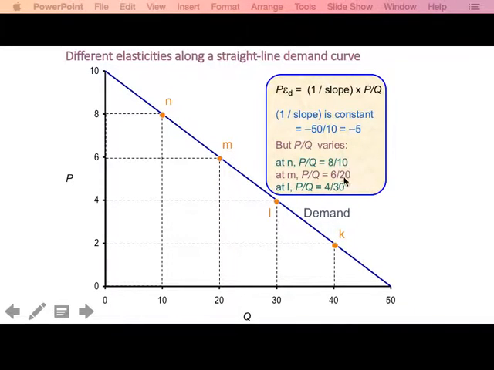Because the price and quantity combination is changing, our price elasticity of demand changes as well along the curve. Is this point clear to you? At each point, price elasticity of demand changes. For example, what's the price elasticity of demand at point N using these formulas? Can you tell me, please? Just quickly, you have all the information there on the board.